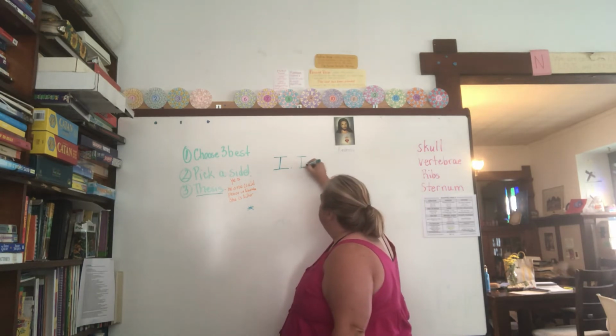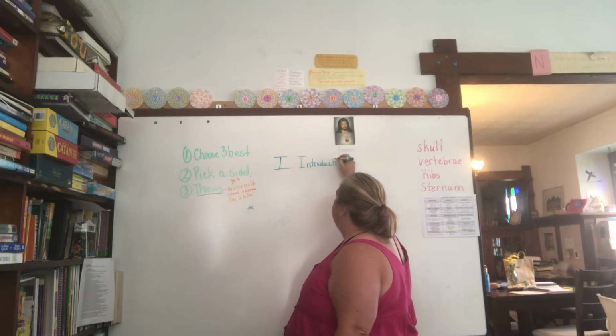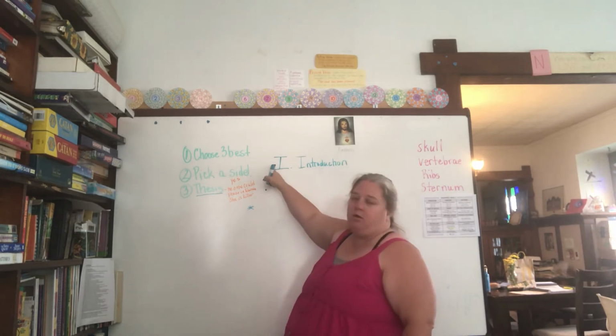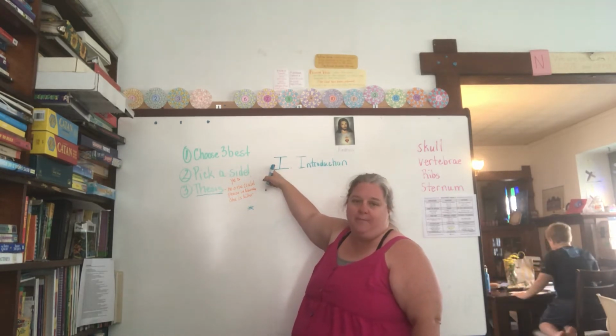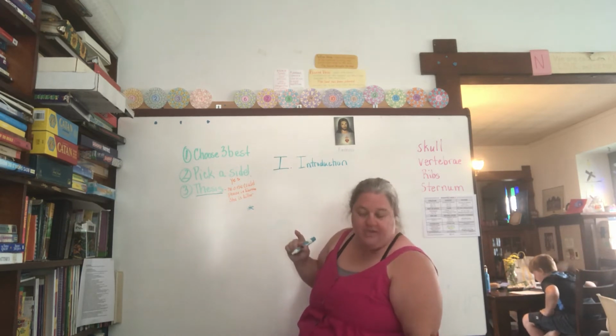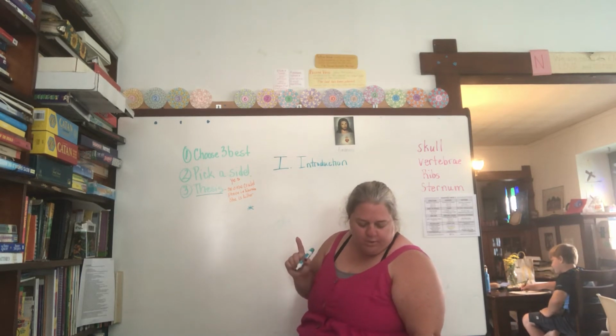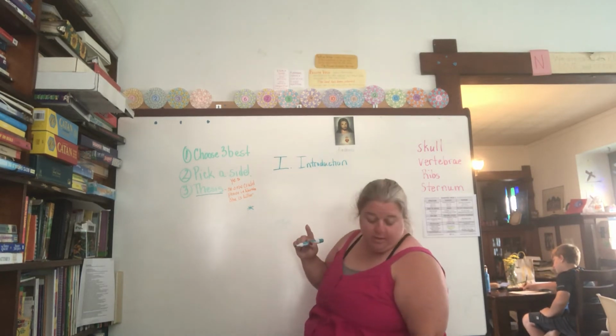So, you just write introduction. And the reason that you're doing that is you're saying my first paragraph is an introduction to my whole topic, which is the case for everyone writing a persuasive. Now, there is a typo in this book that we're going to get to in just a second, so be ready to fix that.